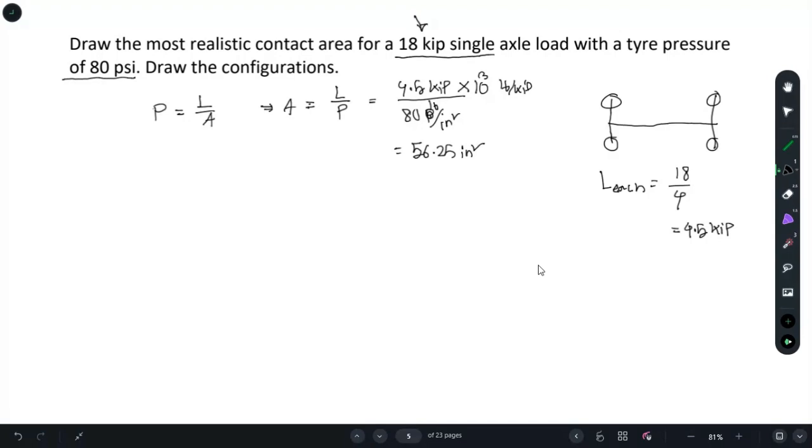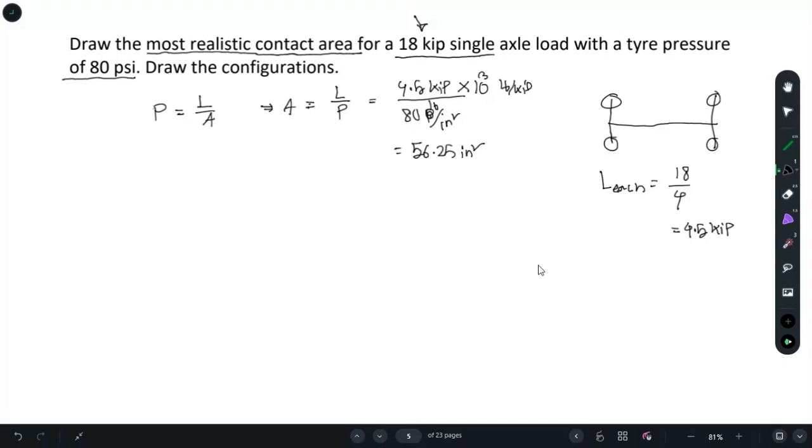Okay. First of all, we are asked to find out the most realistic contact area. So how do we understand realistic contact area?